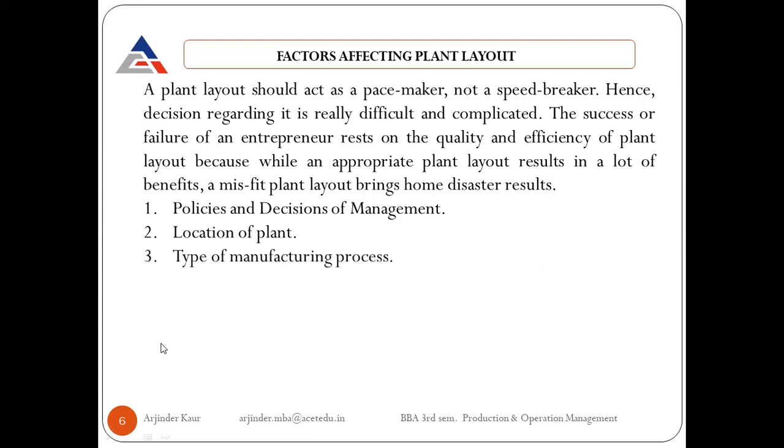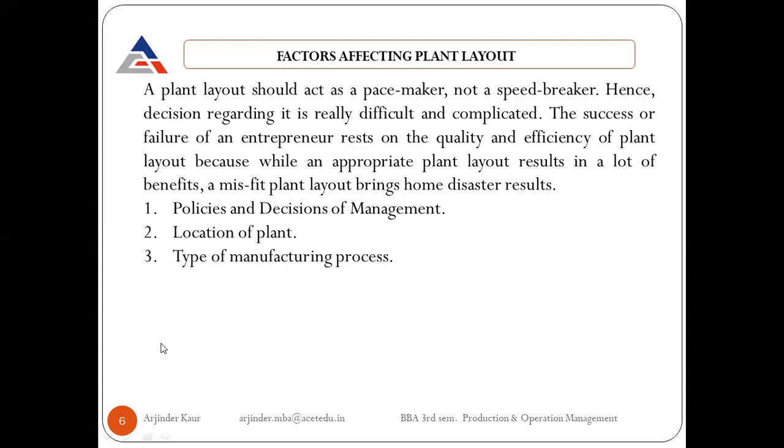Next is the type of manufacturing process. We have already done the various production systems that we can make use of. It could be job production system, or it could be the batch production system. That means broadly it could be either continuous production system or the intermittent production systems.